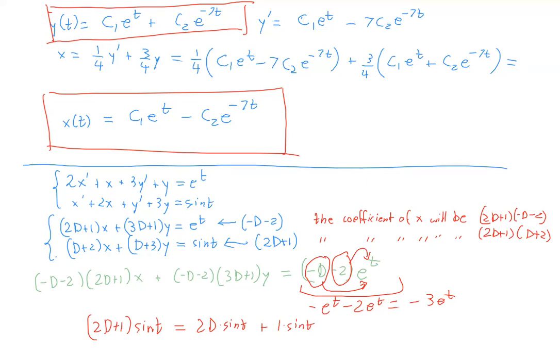Can anybody tell me? Exactly, but with 2, right? Let's not forget the 2. So it's 2 cosine t plus sine t. Okay, that's where I want you to be careful. And please do not solve the resulting equations.